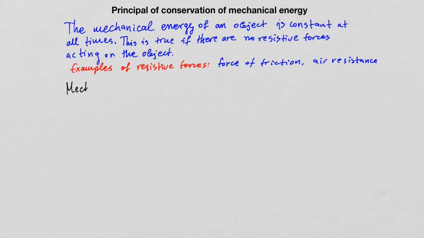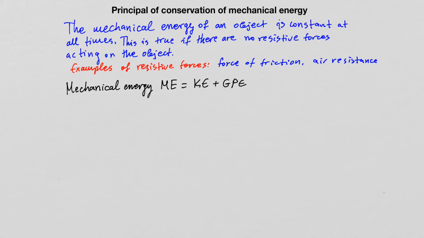So the mechanical energy, which we abbreviate as ME, is equal to the sum of the kinetic energy of the object and the gravitational potential energy of the object.